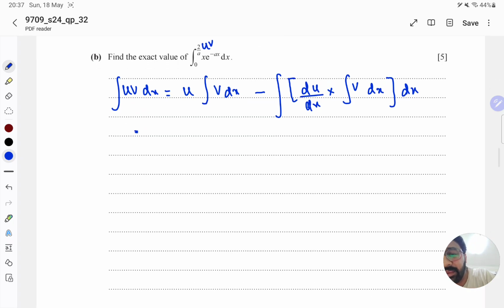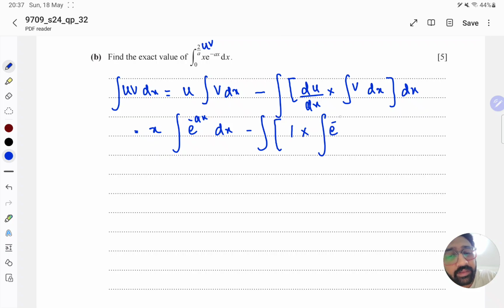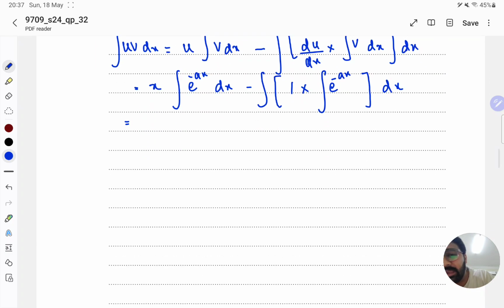So the first one as it is, so x as it is, integration of e raised to the power of minus ax dx, minus integration of the whole, the derivative of the first, the derivative of x is 1, multiplied by integration of e raised to the power of minus ax bracket close dx. Now further I'll do the integration of the first one.